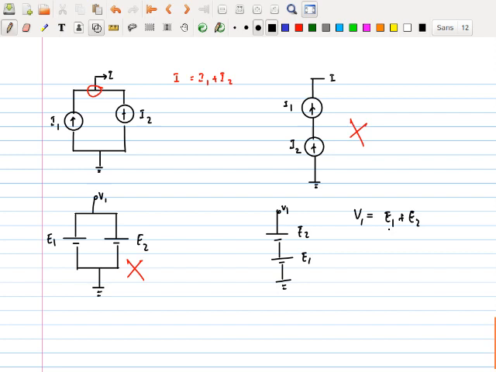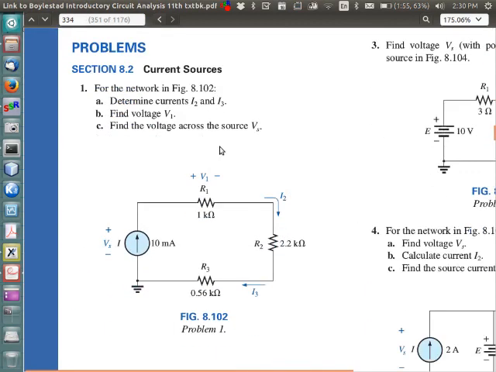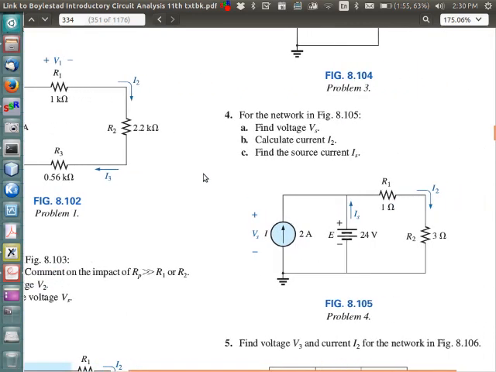I don't know what in the world happened here. This is question 4.